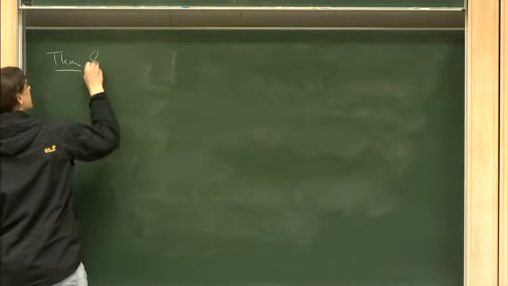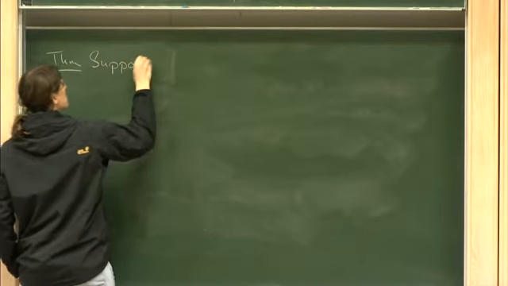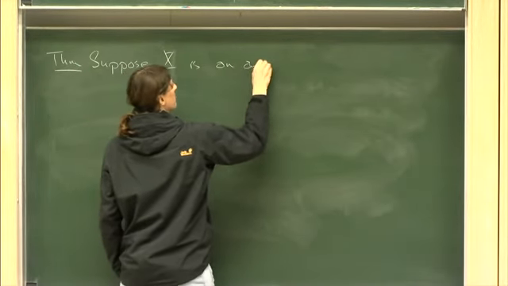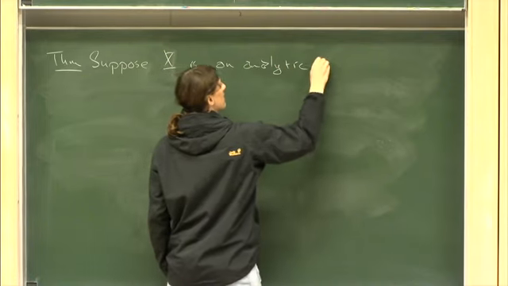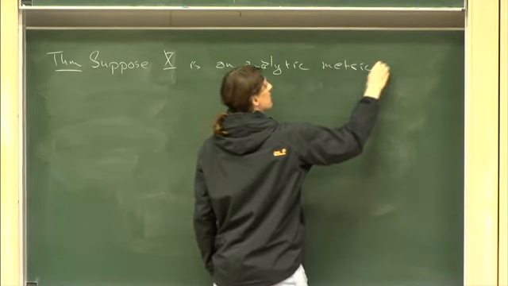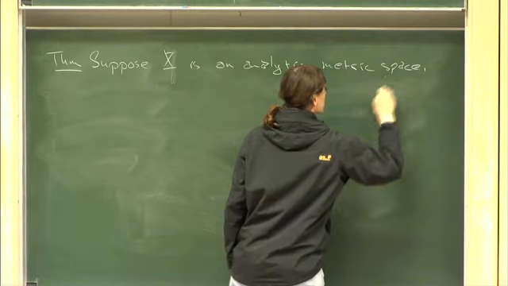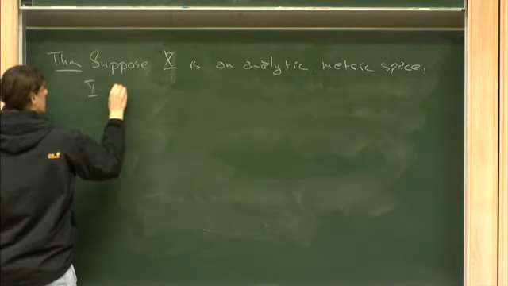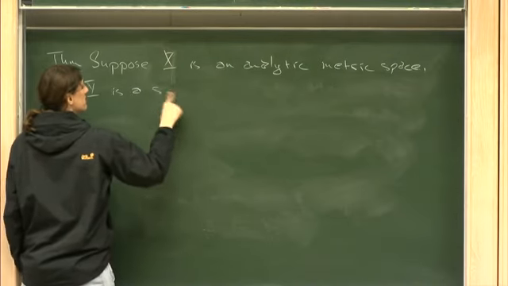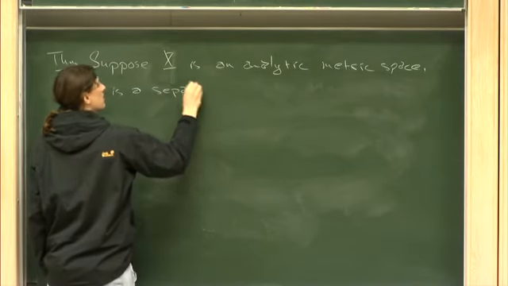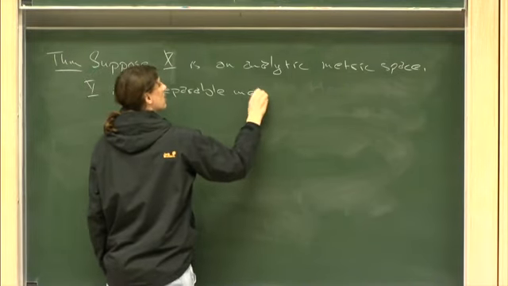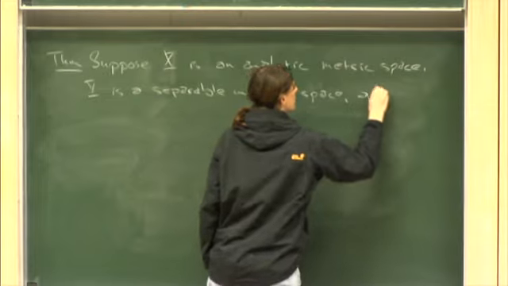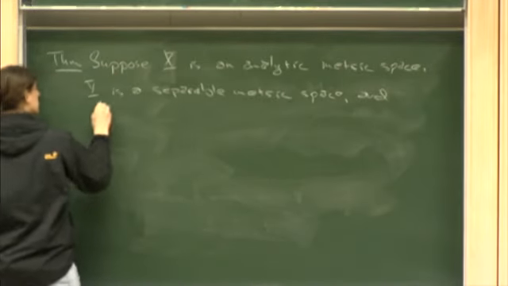So now we need slightly beefed up assumptions on our spaces. Again, X is an analytic metric space. But now we'll need something on Y. So let's say Y is a separable metric space, and phi from X to Y is Borel.